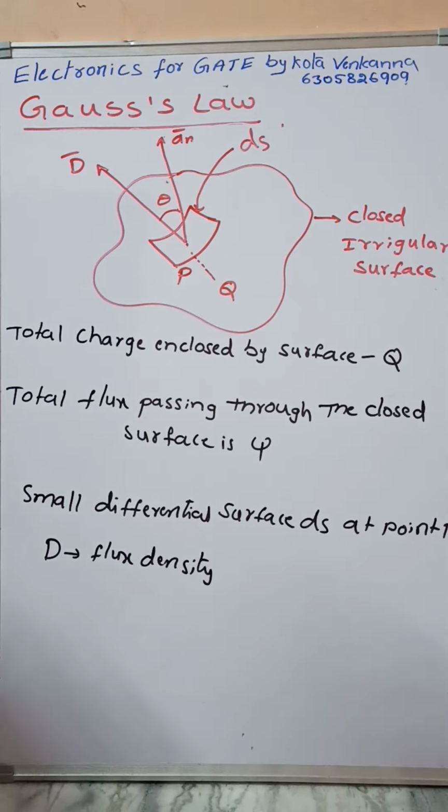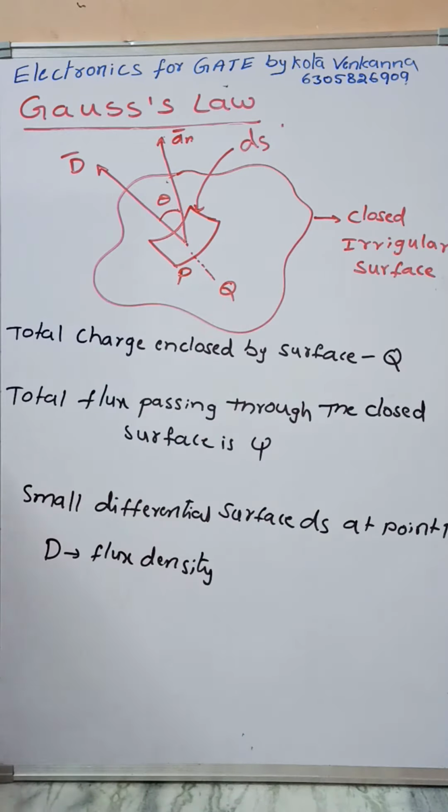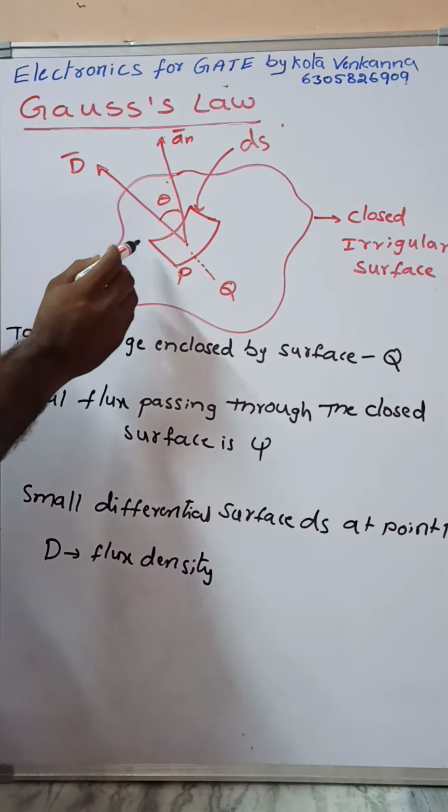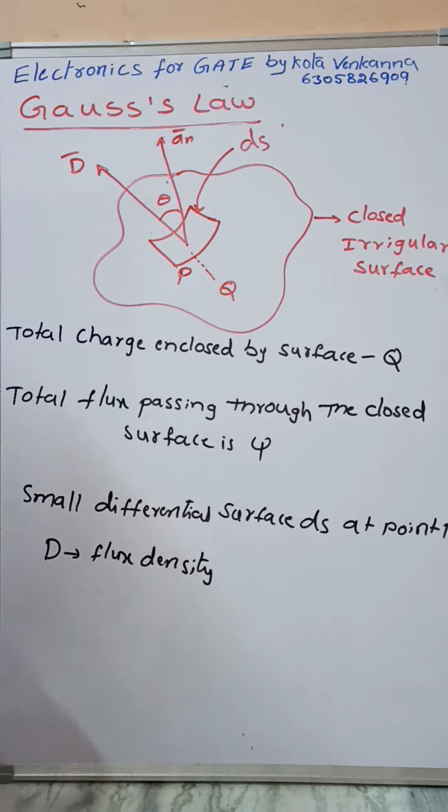Consider an irregular closed surface, with a small differential surface ds, and D is the flux density.